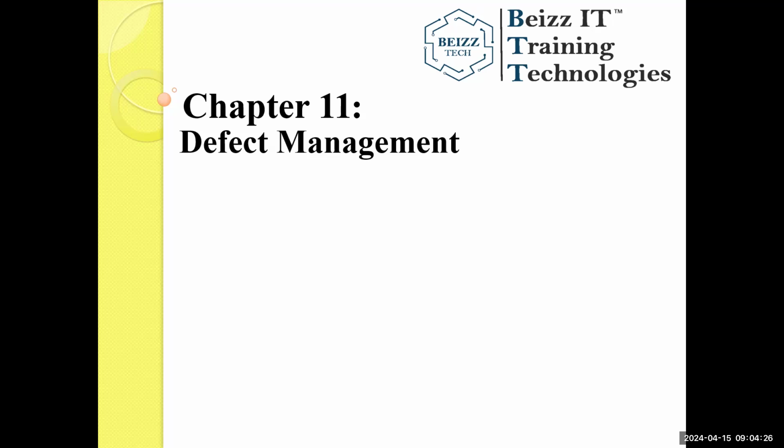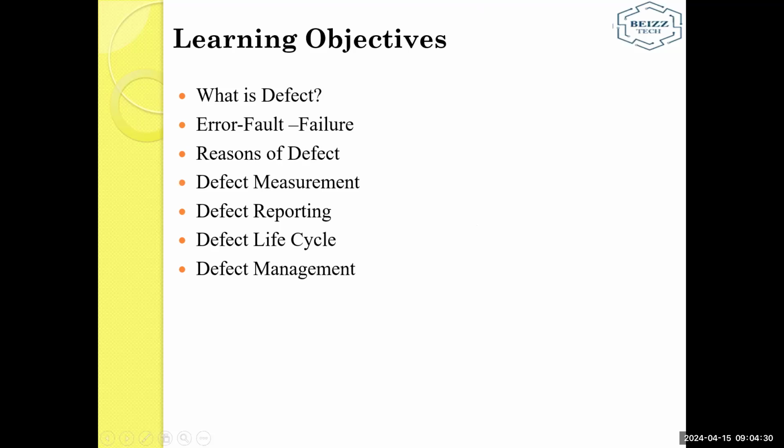We have already covered a few things from this chapter, like what is a defect. A defect is any flaw in a software system where you can see the difference between expected and actual result. What about error, fault, failure? Error means any action which generates some incorrect result. Manifestation of error in the software application is called fault.